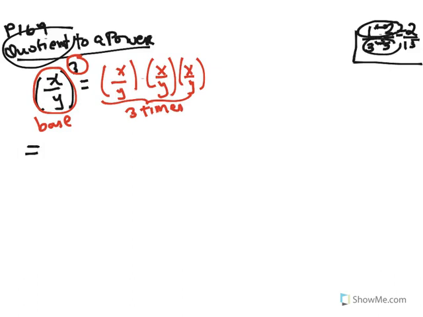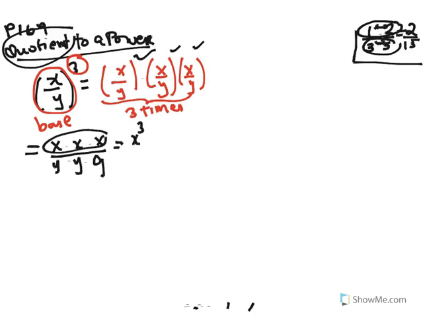Okay? So here I have 3 fractions, 1, 2, and 3, and I'm going to multiply. So I have x times x times x at the top, and in the denominator I will have y times y times y. Okay. So what do I have now at the top? At the top I'm going to have x to the third, and at the bottom in the denominator I'm going to have y times y times y, which is y to the third.